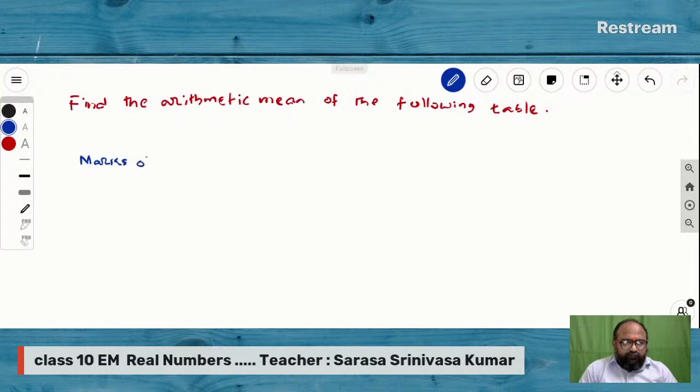Marks obtained, that is xi. Number of students, that is fi.